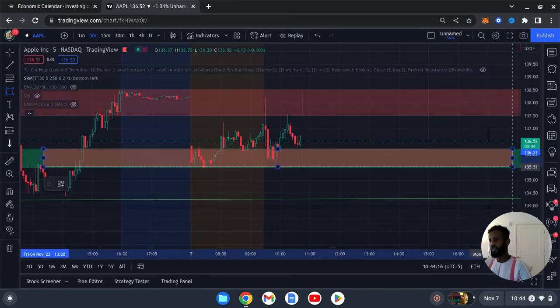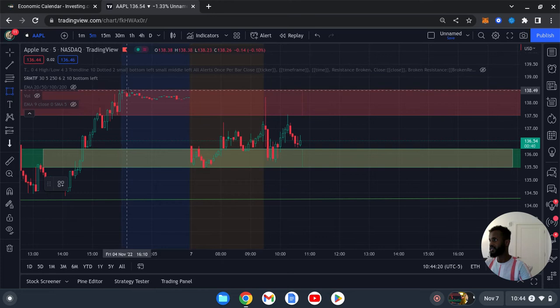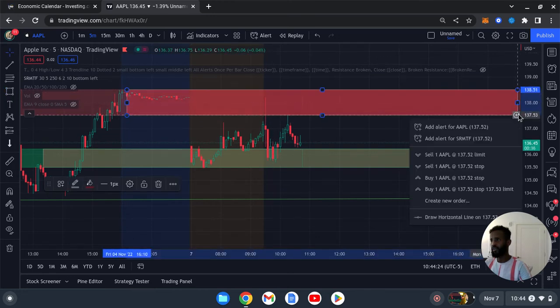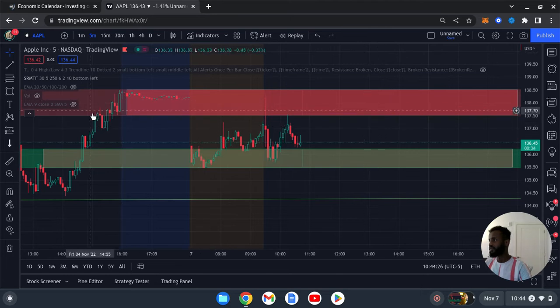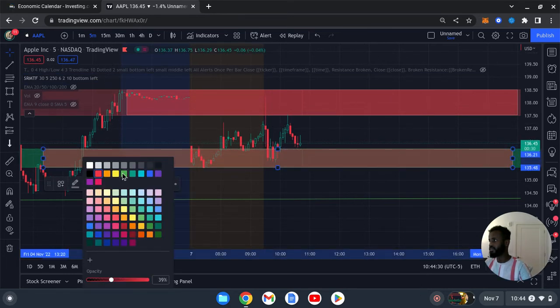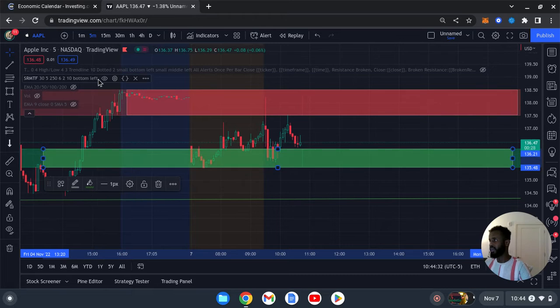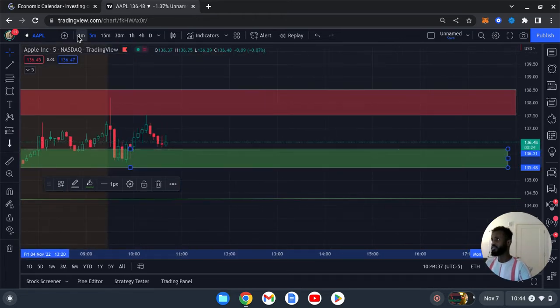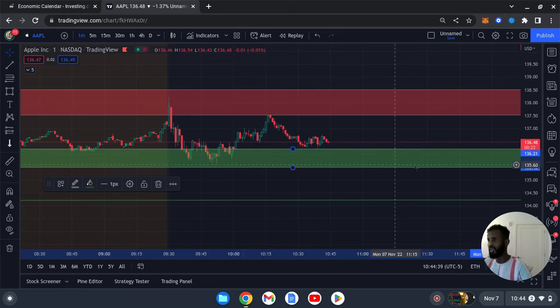So it gives us this zone, and it gives us this zone right here. We'll make this one green. And now we can hide that. So now we have zones to work with, and I like to trade on the 1-minute time frame.